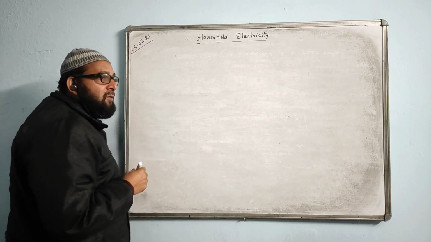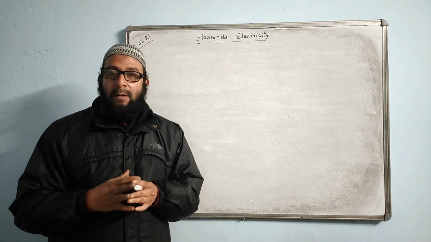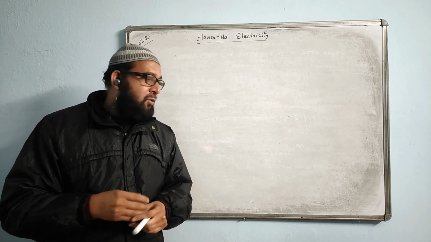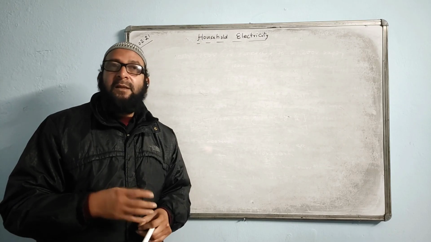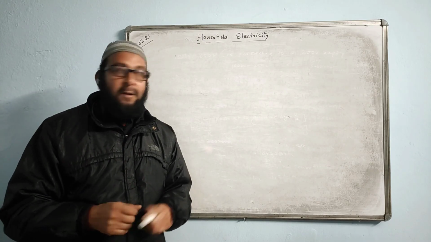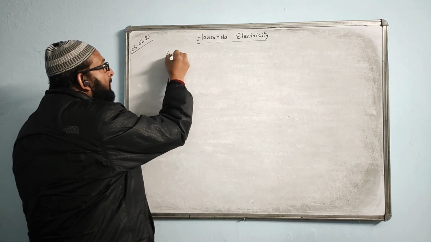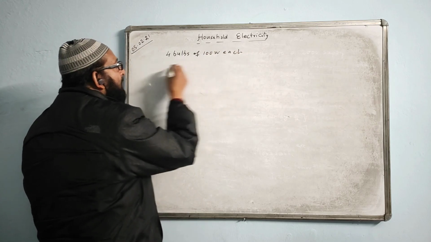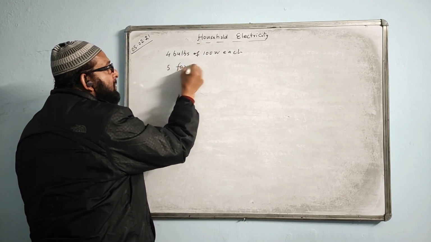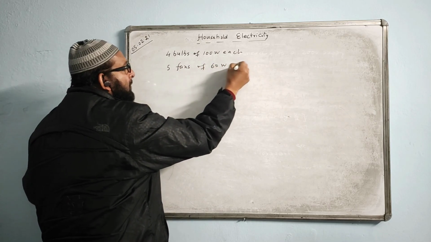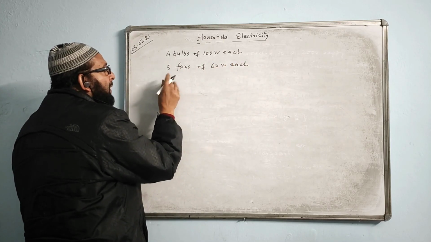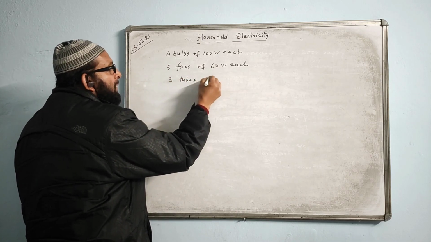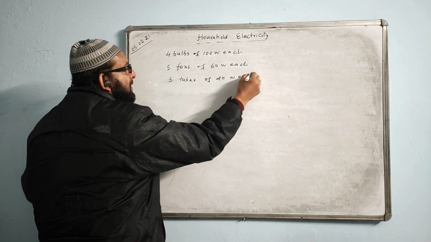Now, there are questions where you have to find the electricity bill, the amount of the bill, or maybe the total energy consumption. Suppose they say there are 4 bulbs of 100 watt each, 5 fans of 60 watt each, and 3 tubes of 40 watt each.